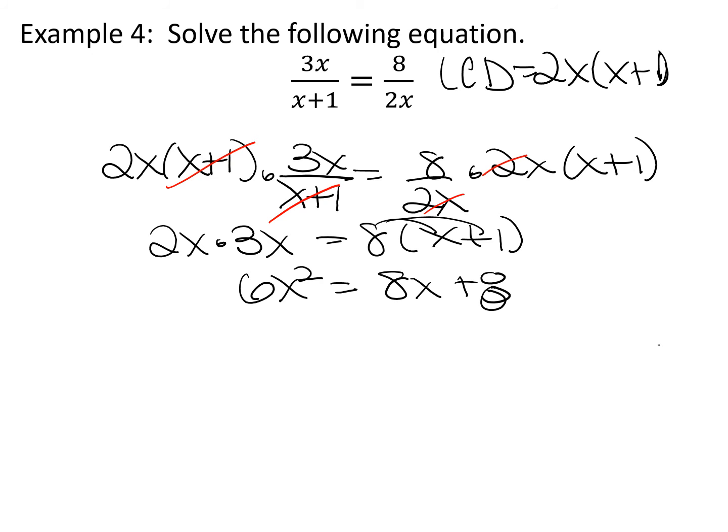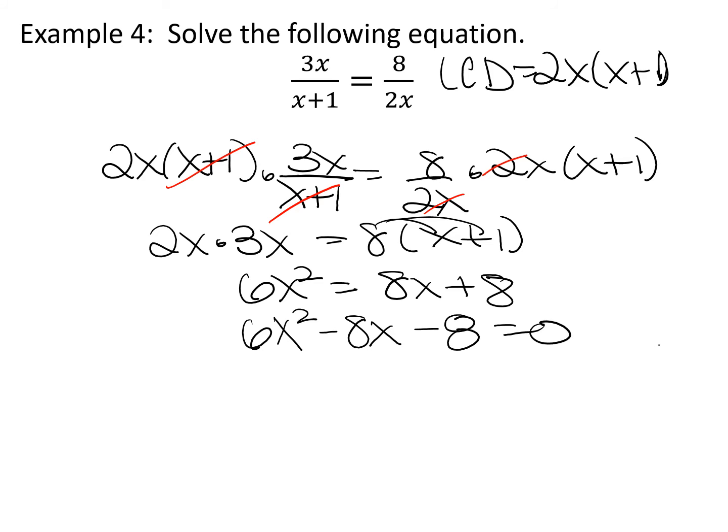Now I have an x squared and an x, which means I have all the makings of a trinomial. Okay, so I'm going to set it equal to 0 so I can solve the quadratic. So I'm going to subtract the 8x on both sides, and the 8. And when I factor, I see a GCF. That GCF is 2.